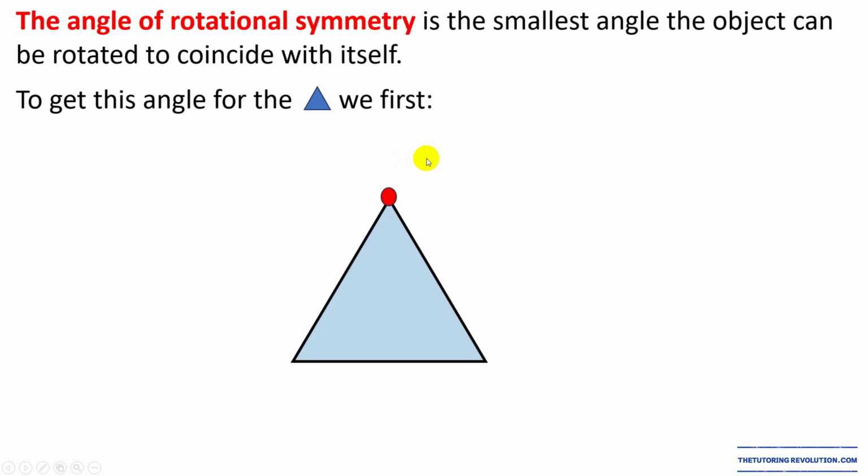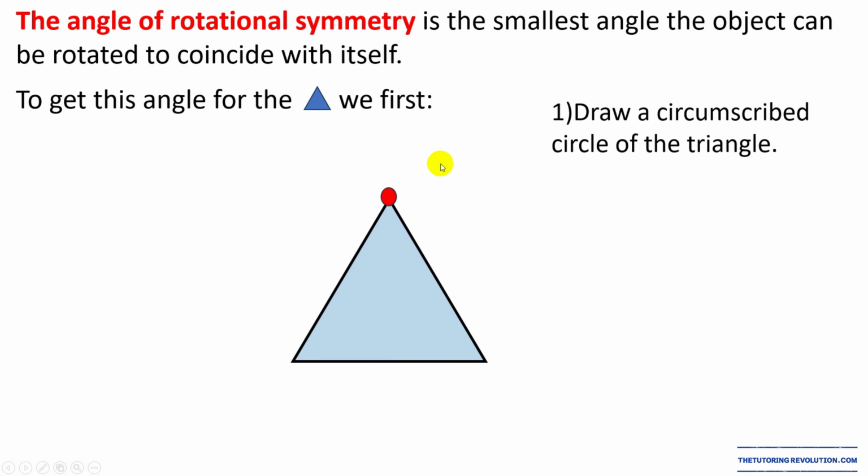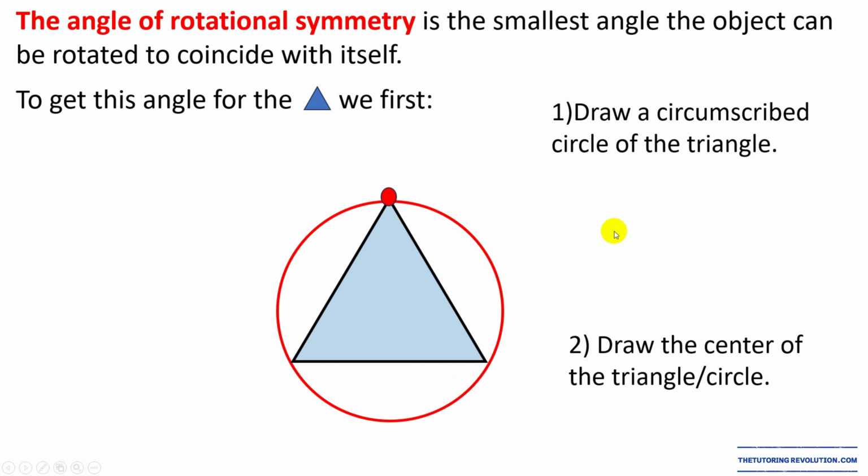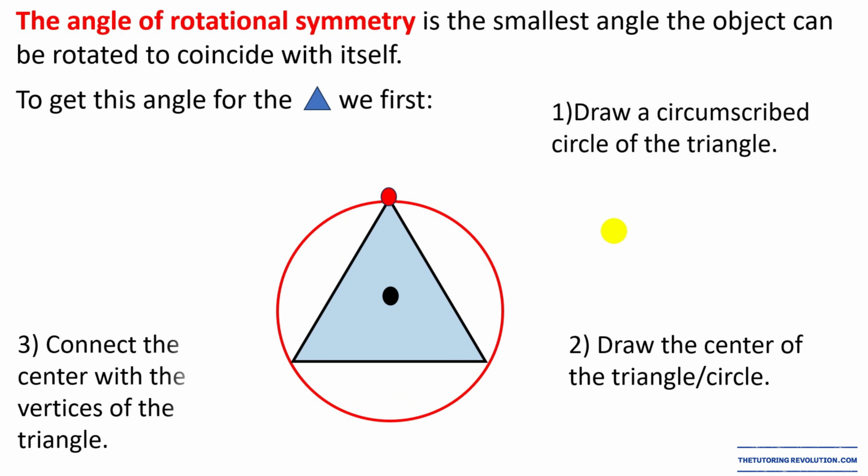To get this angle for this equilateral triangle, we first draw a circle, a circumscribed circle of the triangle, basically a circle that passes through all the vertices. Then we draw the center of the triangle, which is also the center of the circle, and we connect the center with the vertices of the triangle.